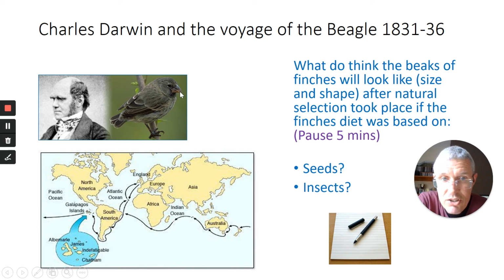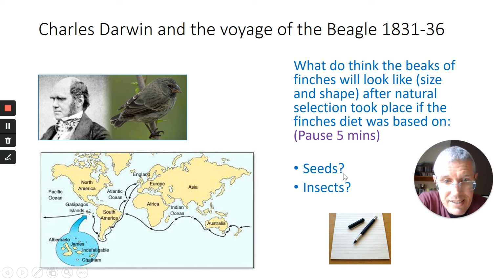So there's the beak of the finch, and just time for you to have a little think about what do you think these beaks will look like if these finches were eating kind of big, hard seeds.